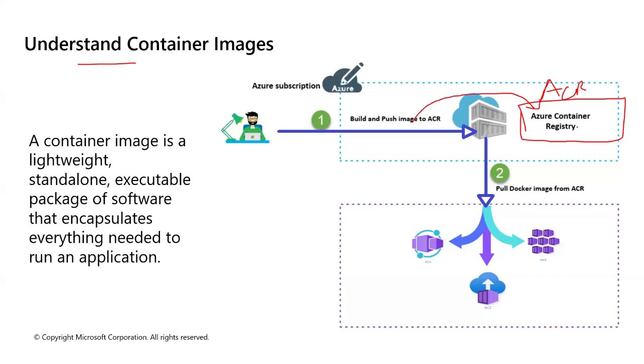In the real-time environment, we keep this private. Why? Because if I have public access for the container registry, anybody can go and modify those images. So that's why we always keep the container registry private.